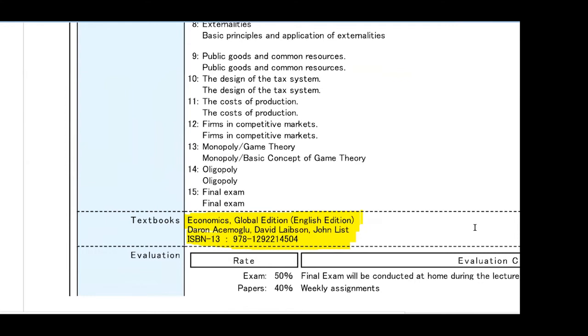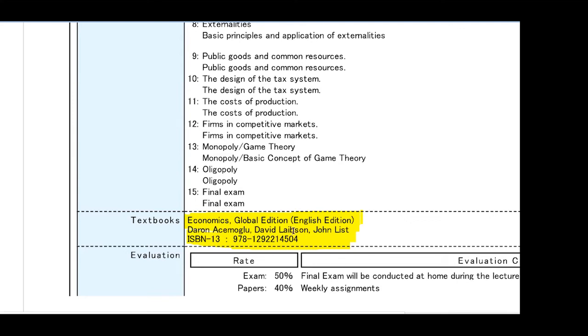This is my first time using this textbook. Previously, I used Mankiw for nearly 15 years in this course. I thought the Mankiw text needed to be updated, but basically what is in there is the same. This is simply a difference in taste.